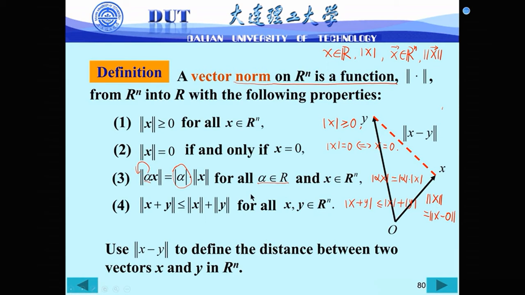Actually, in fact, you already used the norm. You just don't know the name. For example, if we need to compare the scores of different students.